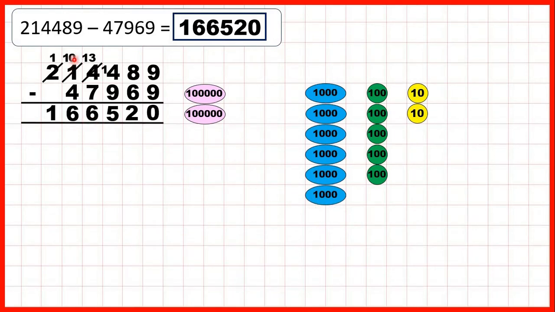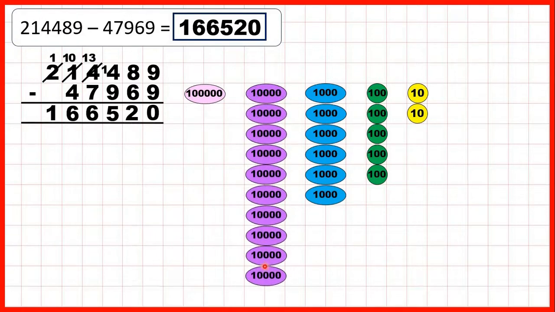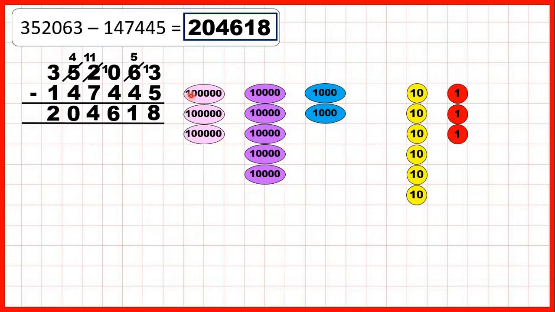So now we don't have any 10,000 counters, but we need to take 4 away. So what we need to do is take one of our 100,000s and exchange that for 10 10,000s. So now we can take 4 away, and that leaves us with 6 10,000s, but because we exchanged, we only have 1 100,000 counter.